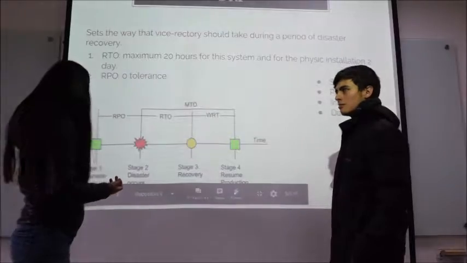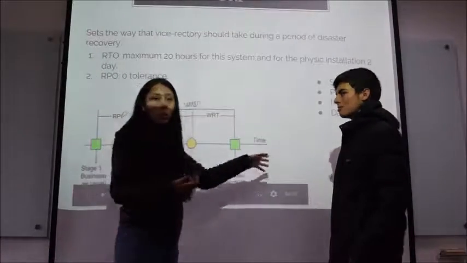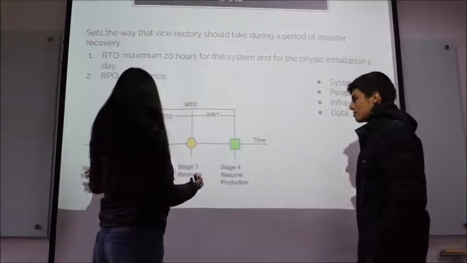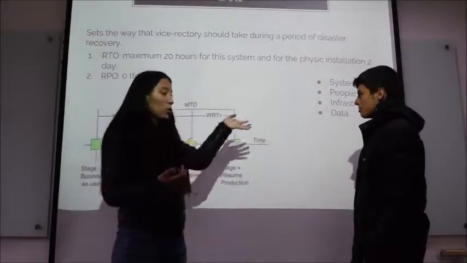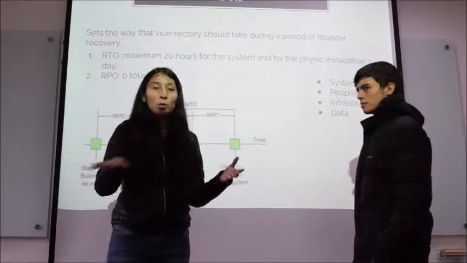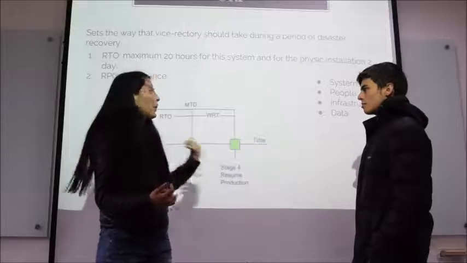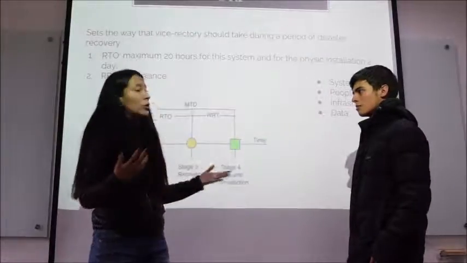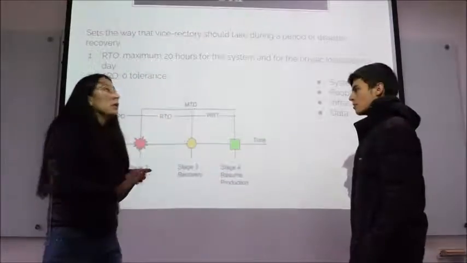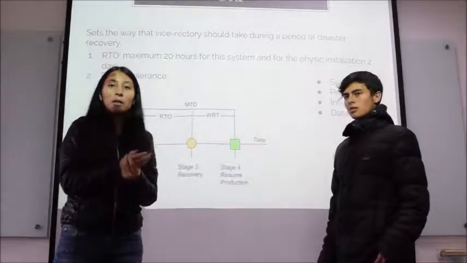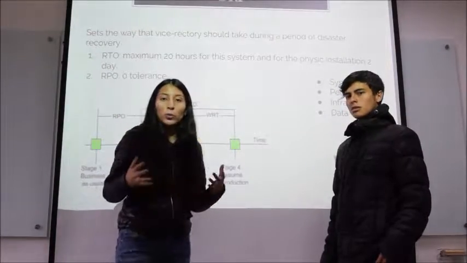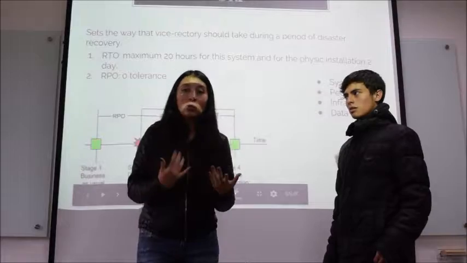And finally, after all of these stages, we need to understand that the system, people, infrastructure, and data need to be maintained throughout the whole process. The system being Eureka, people being the employees, infrastructure, the library itself, and the data, the information that needs to be maintained throughout the library, that is fundamental to all the students.